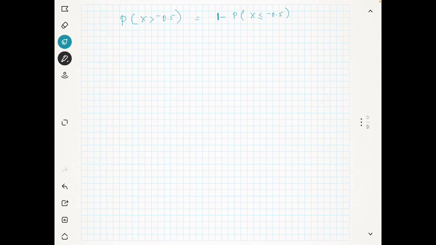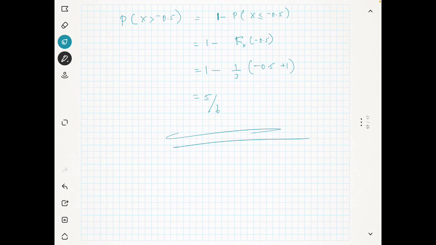So this is nothing but 1 minus Fx of minus 0.5. So this is equal to 1 minus 1 by 3 into minus 0.5 plus 1. This is equal to 5 by 6. So this is how to solve this kind of problem. Okay, I hope this is clear to you.